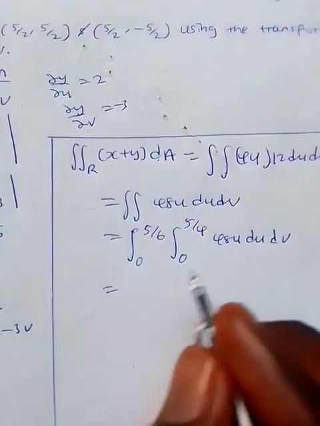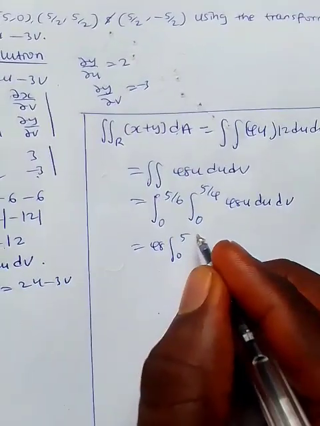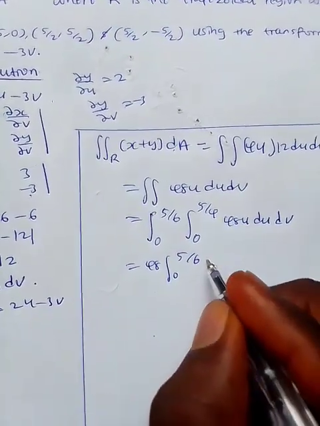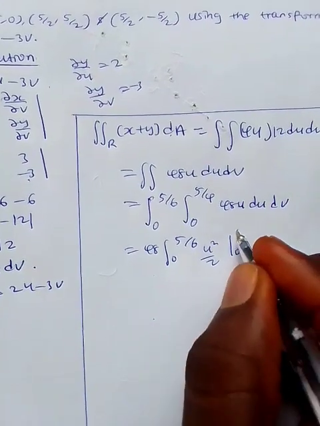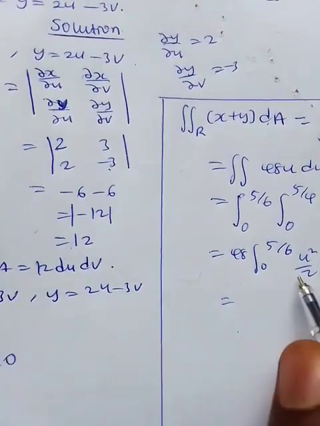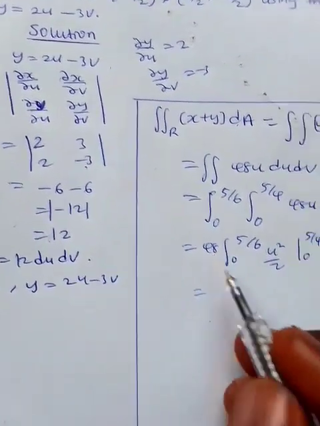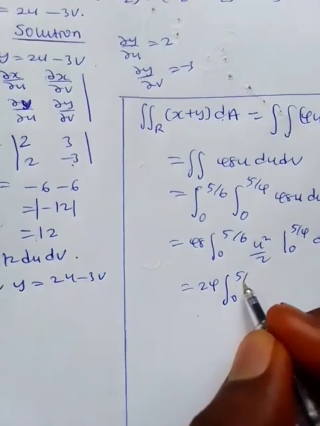We can take 48 out as a constant. We have 48, 0 to 5 over 6, that will be u squared over 2, evaluating from 0 to 5 over 4, dv. So this is 2 and this is 48, that will be 24.